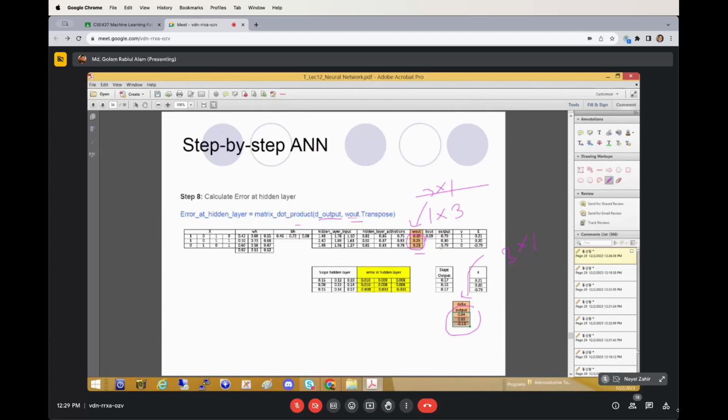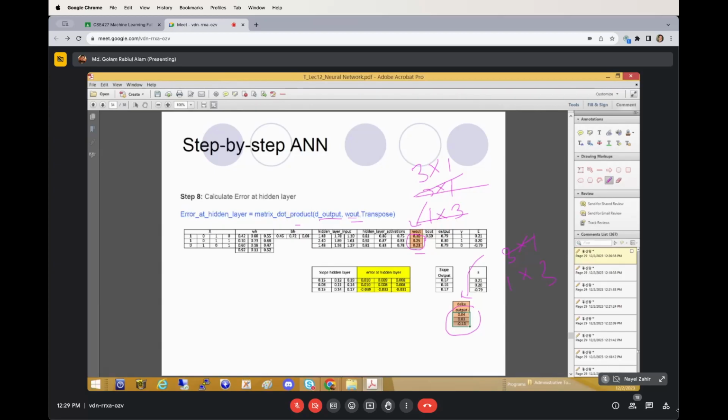So in this case, we can see here that if we transpose this delta output, which is 3 times 1, then it will be 1 times 3.